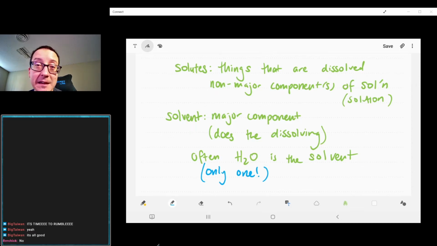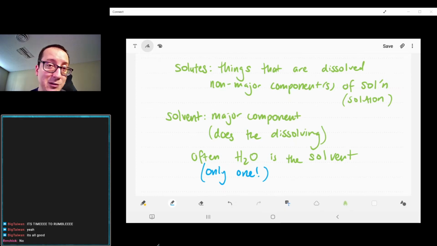Ideally, that means whichever one has the largest mole fraction. Typically, because water is such a small molecule with a very low molar mass, it's very often going to be the solvent. You can only have one solvent. You can have hundreds of solutes if you want. You could have one solute. Doesn't matter.